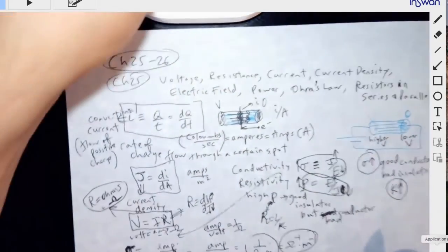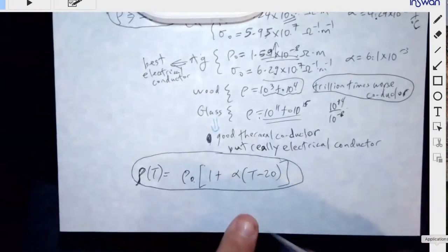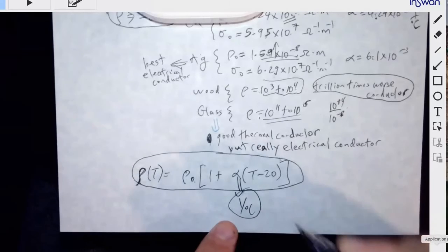Any questions on that so far? So we've covered voltage, current density, resistivity, conductivity. That alpha is called the temperature coefficient. So the units for alpha should be 1/Celsius.